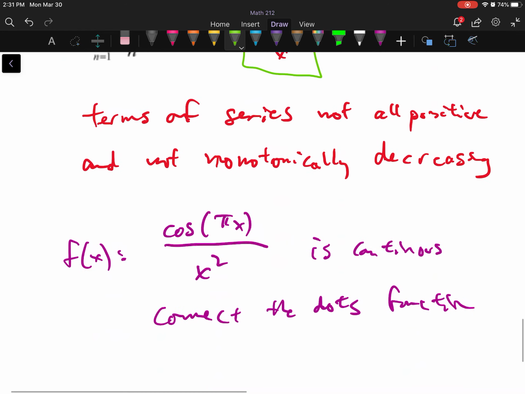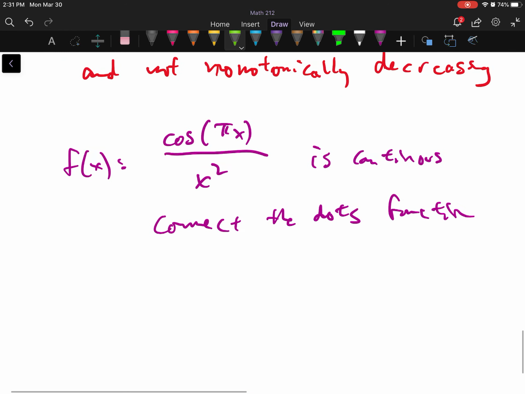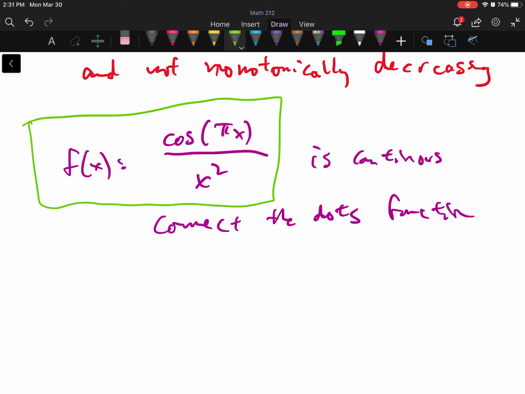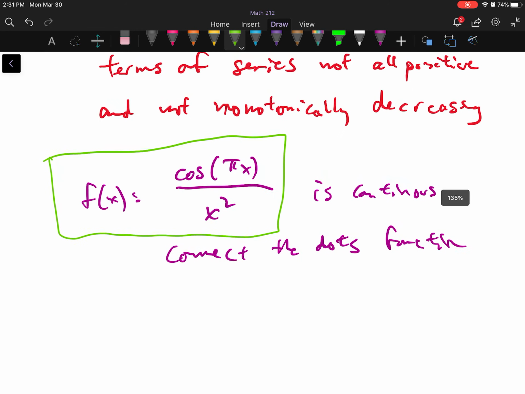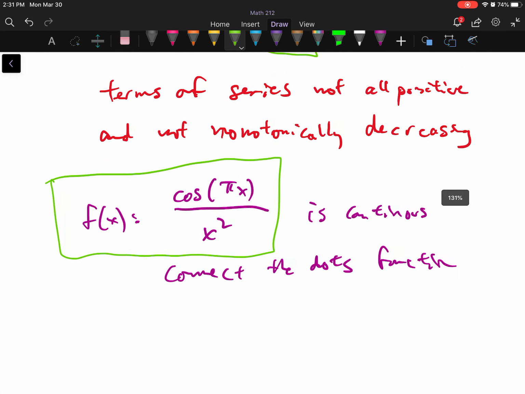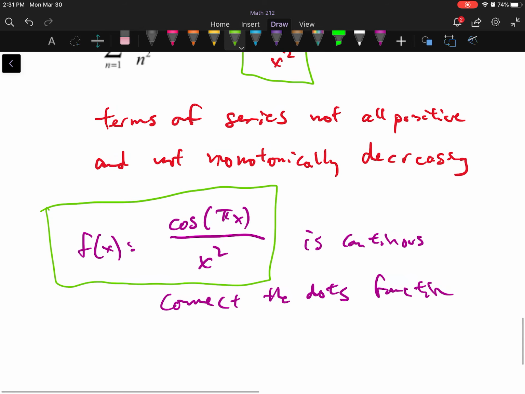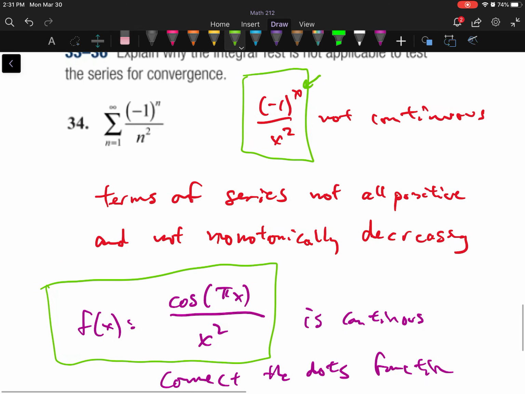You could instead make your connect the dots function this one, and that would be a ratio of 2 continuous functions, and actually would sync up with the original series at all of the values of n.